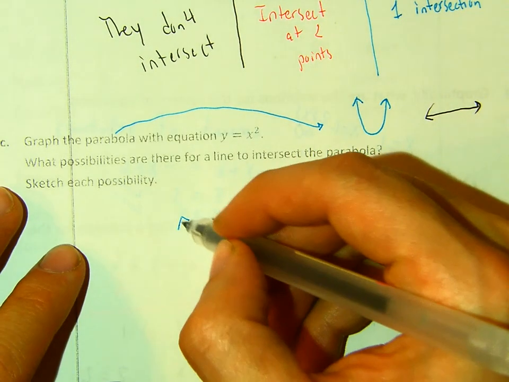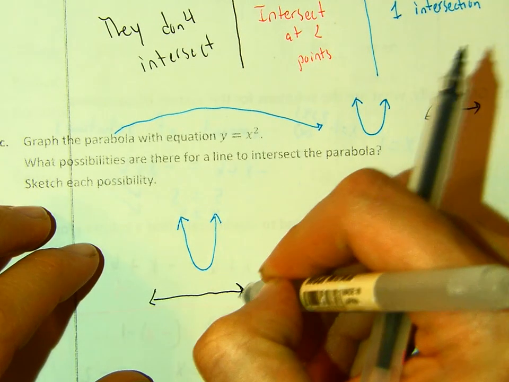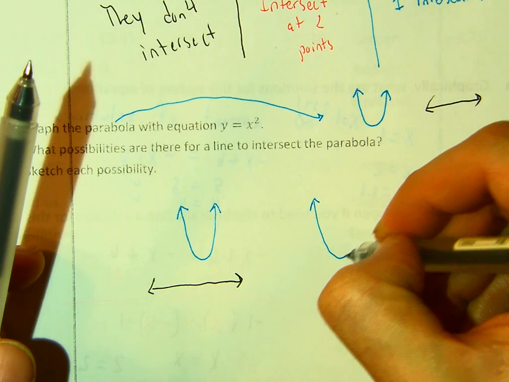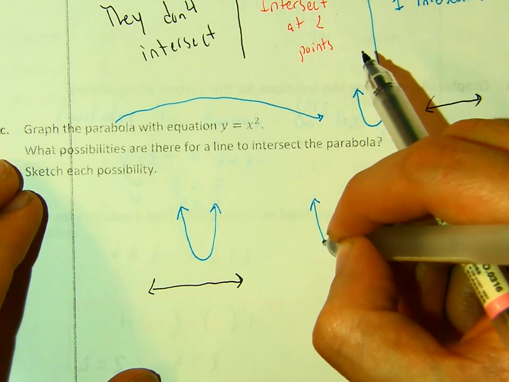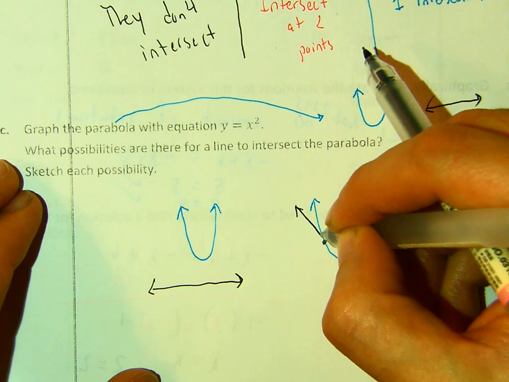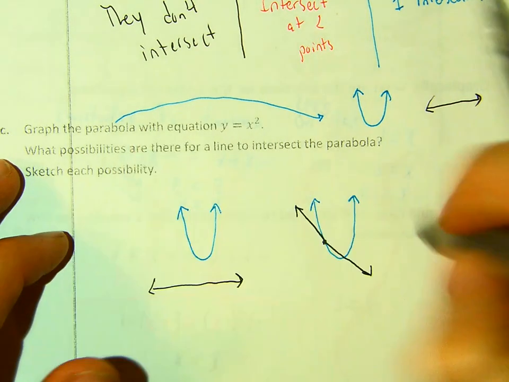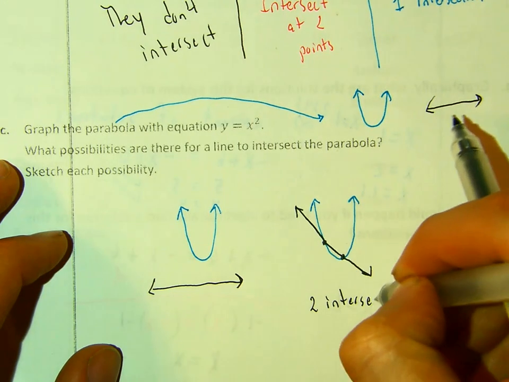You could have a parabola like this and a line like this. So no intersection point. You could have a parabola like this, and actually here we could say this has 2 intersection points, right? So it could intersect at 2 points.